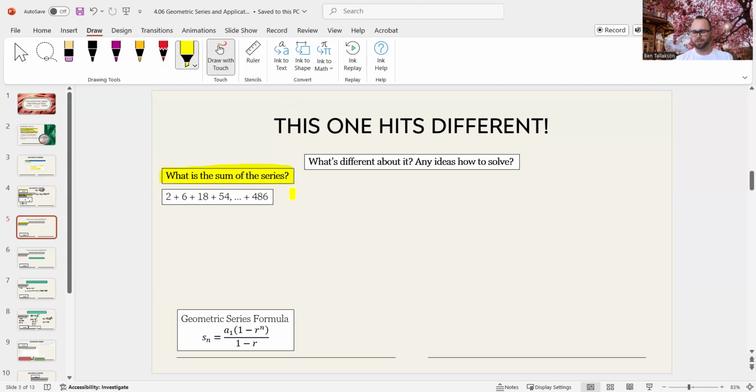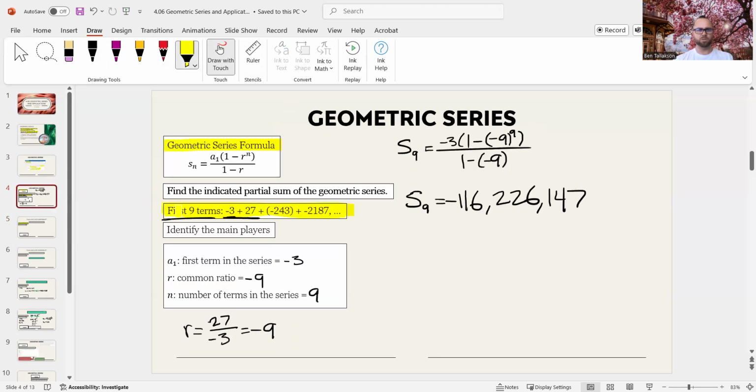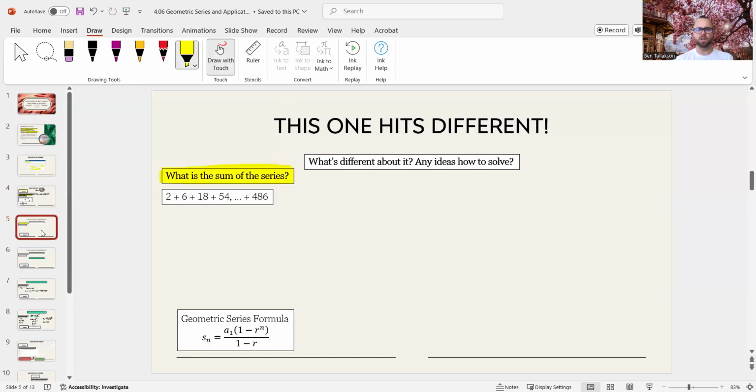Isn't that vague? Are we missing something? I mean, yeah, over here they told us the first 9 terms, so we knew n right away, right? But we don't know n right now. That's a problem, right? So what do we do? Any ideas?